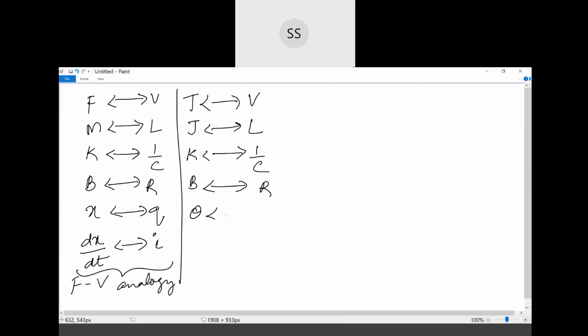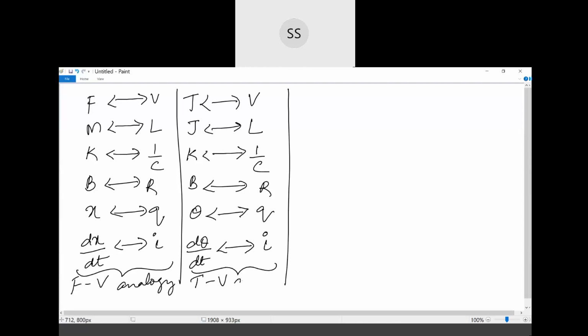Theta. Angular displacement theta is analogous to the charge Q. And similarly, d theta by dt is analogous to current I.